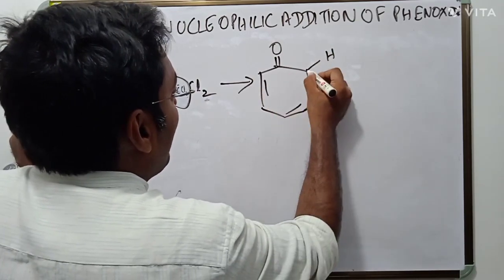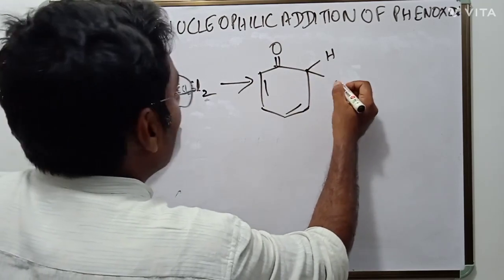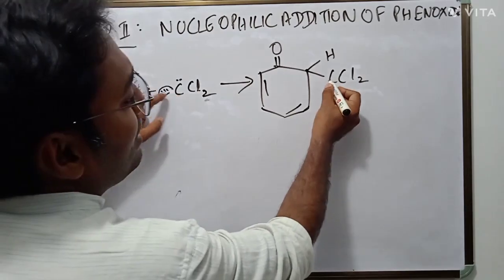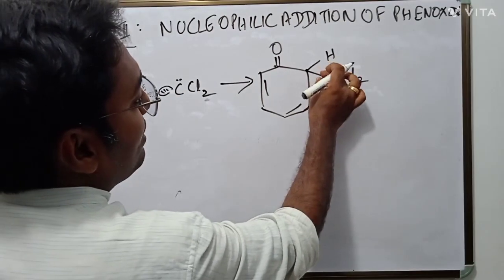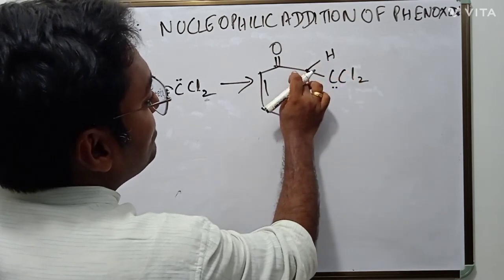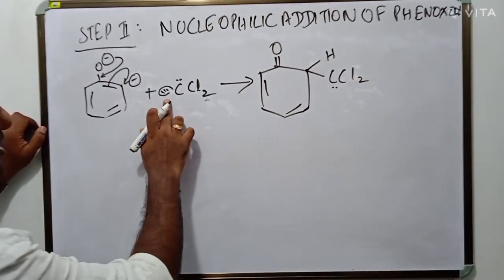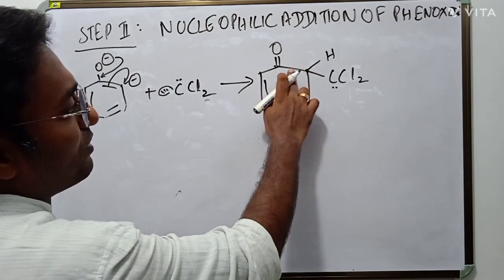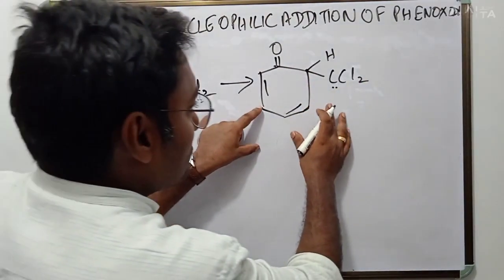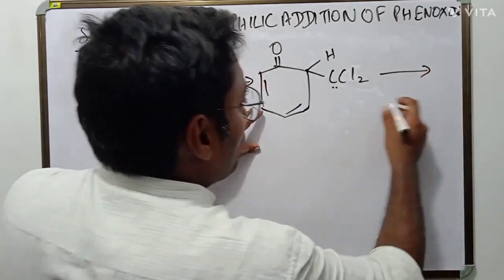So here we have a double bond O. Here one H is there. Actually all carbons have a hydrogen; we are taking out this one to better understand the mechanism of the reaction. And here we have CCl2. The empty orbital has accepted the pair of electrons from this position.